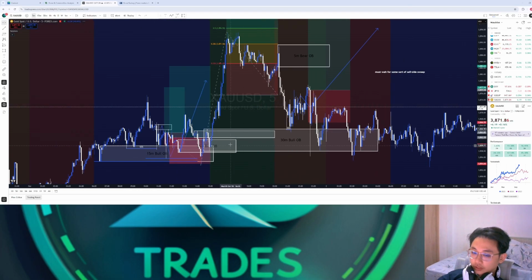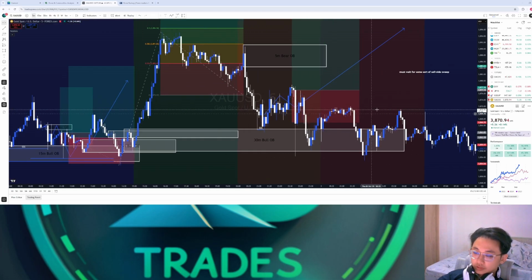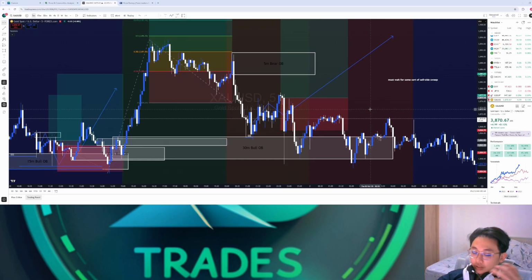If you compare it to the previous scenario, even though there was a sweep, price still went down. Even though there's a sweep here, price went up. So the difference is, unfortunately, our bias is wrong. Our fundamental bias is wrong.